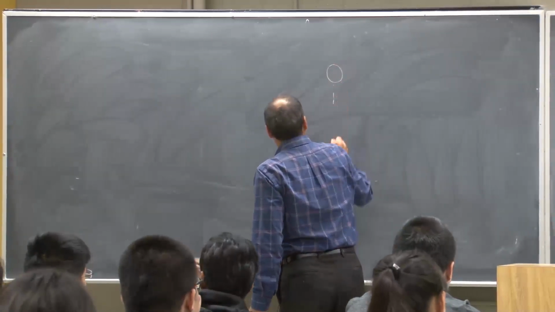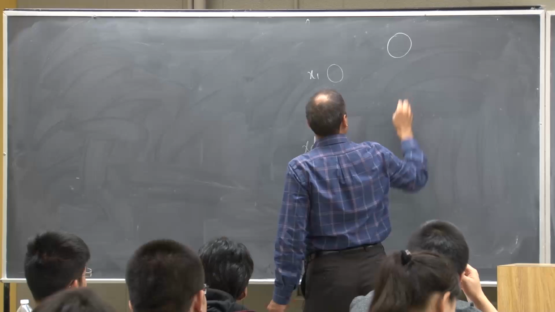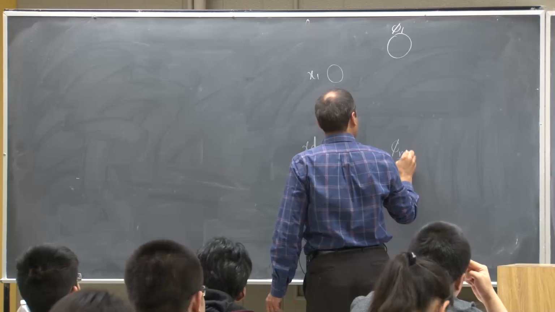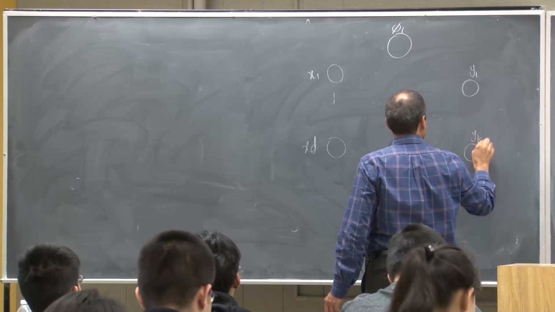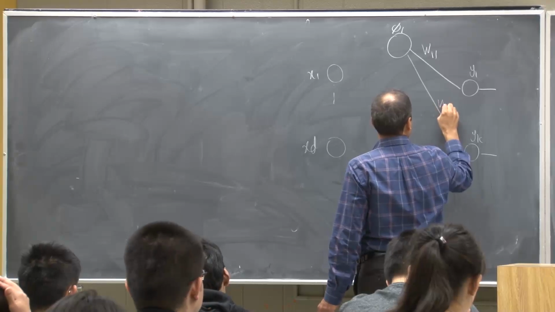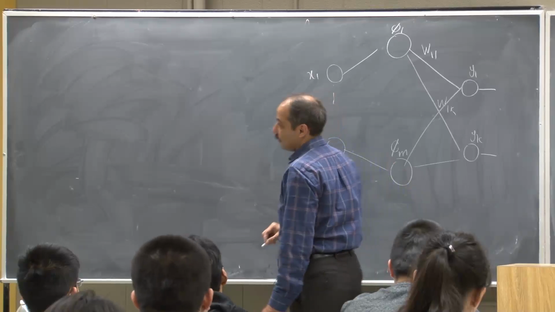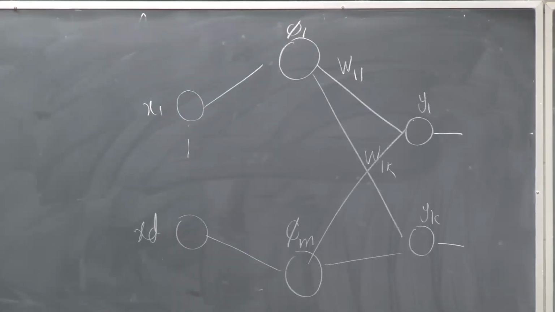Okay, so I have x1 to xd, and I have phi 1 to phi m, and I have outputs y1 to yk, and I have weights here. I don't have any weights here. So the d-dimensional data will be applied here.